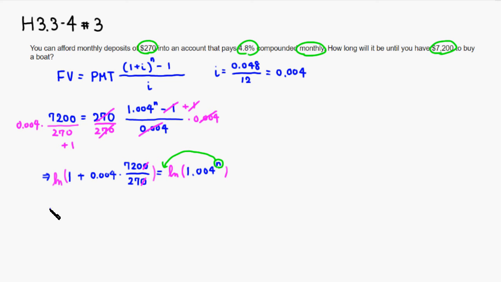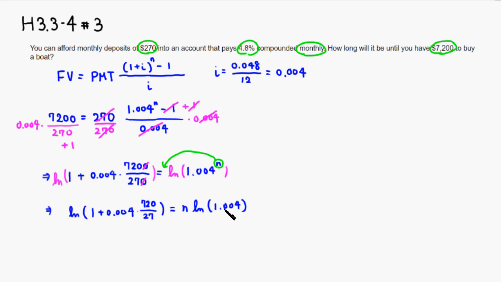Once you clean it up, you get the natural log of 1 plus 0.004 times 720 over 27 equals n times the natural log of 1.004.